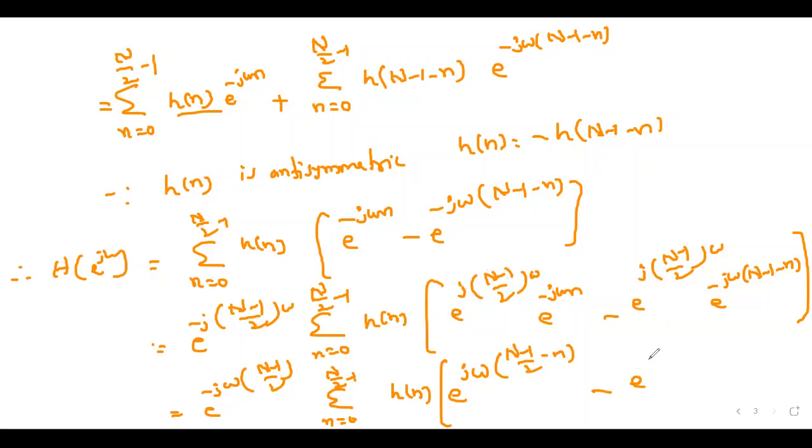Here also you take common minus j omega from these two terms. Therefore, it is first N minus 1 minus n, and this is minus n minus N minus 1 by 2. Here see N minus 1 and this is N minus 1 by 2, so the resultant will be N minus 1 by 2.